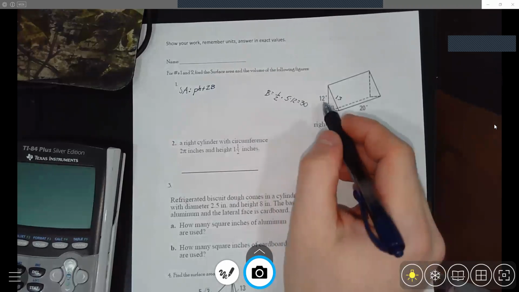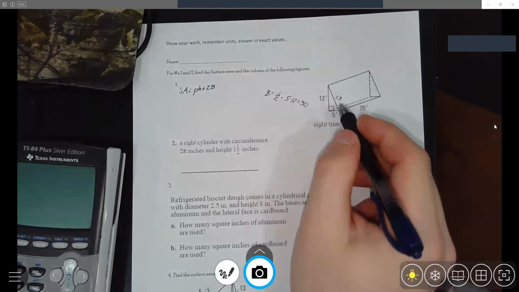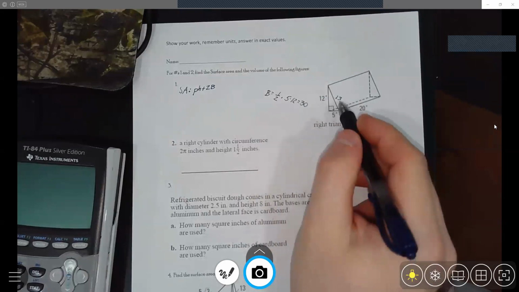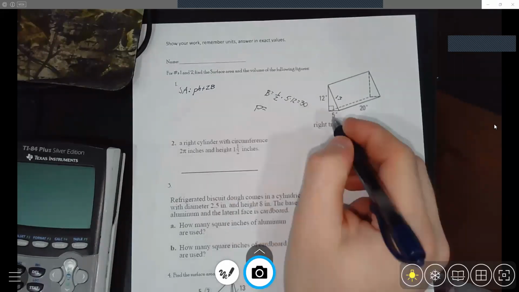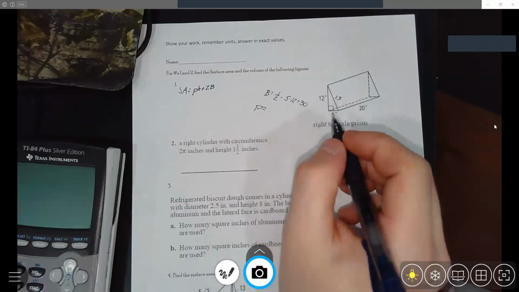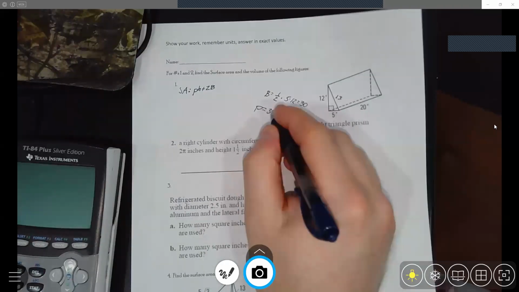It's going to give you 169, and the square root of that's 13. So it's a Pythagorean triple if you happen to know it. So my base perimeter will be 5 plus 12 plus 13. So 12 and 13 is 25, and 5 is 30. Perimeter of the base is 30.